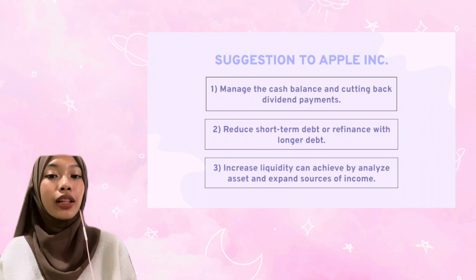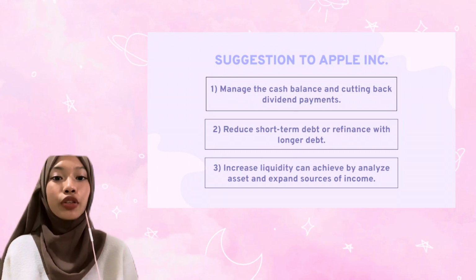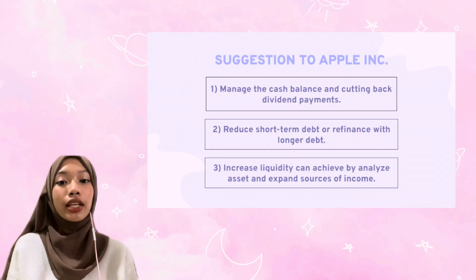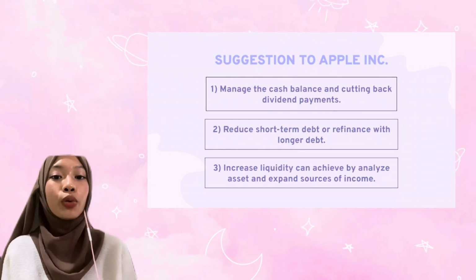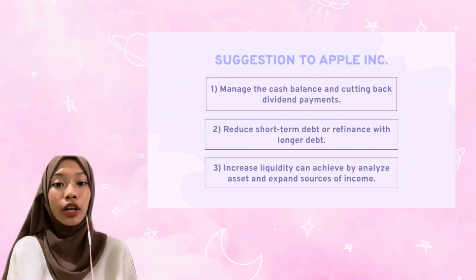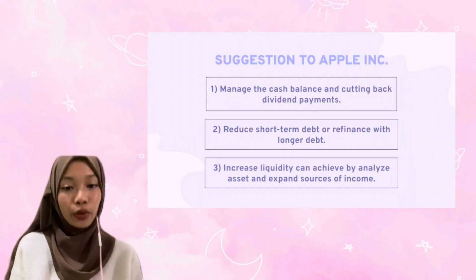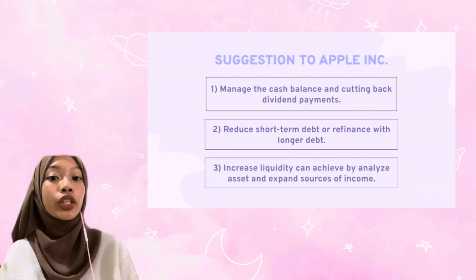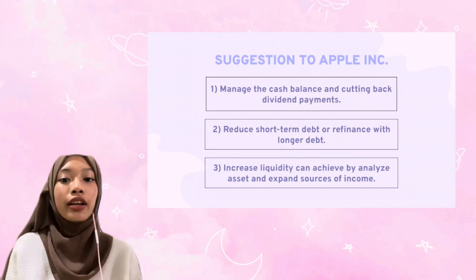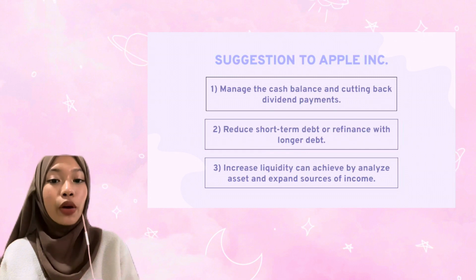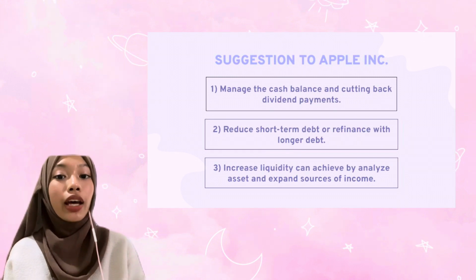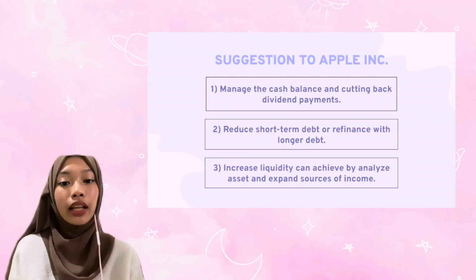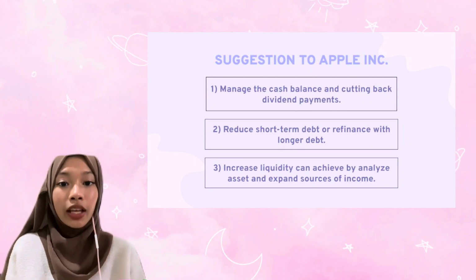To enhance Apple's asset test ratio, the corporation should focus on three important strategies. Apple should first effectively manage its cash balance by holding onto more profit and perhaps cutting back on dividend payments to shareholders. To lessen the strain of upcoming commitments, they should try to reduce short-term debt or refinance it with long-term debt. Working capital can be optimized with effective control of accounts payable, accounts receivable, and lean inventory procedures.